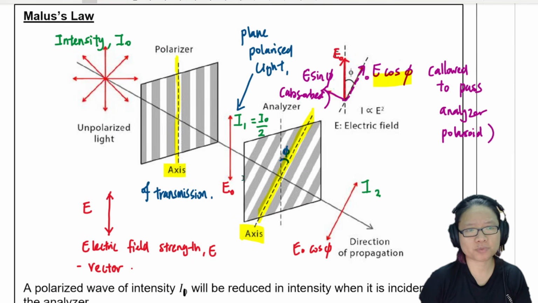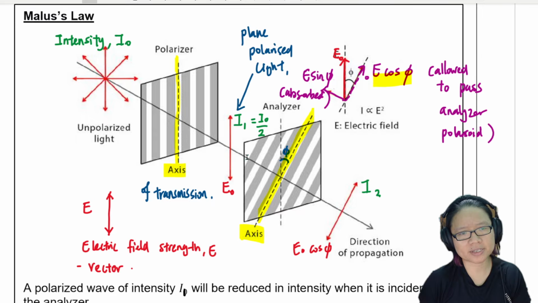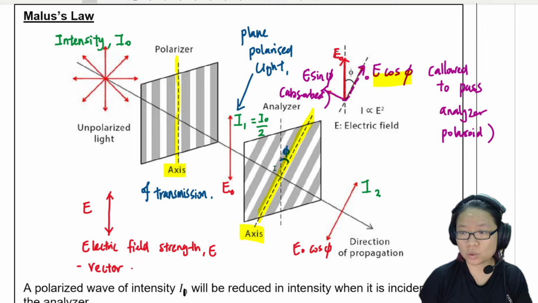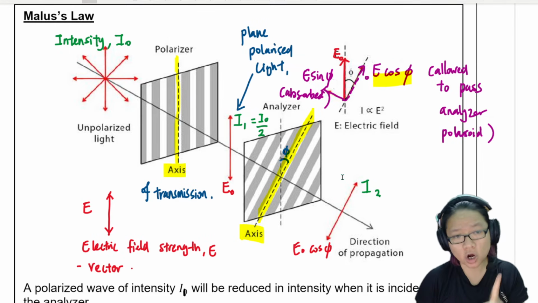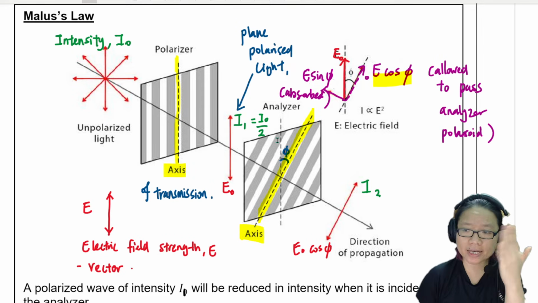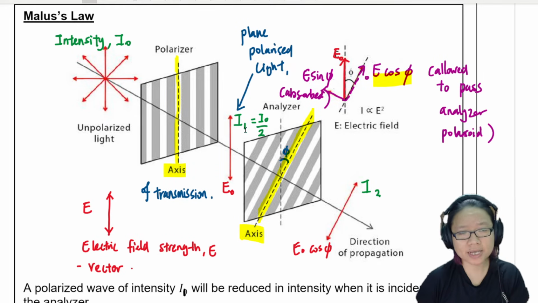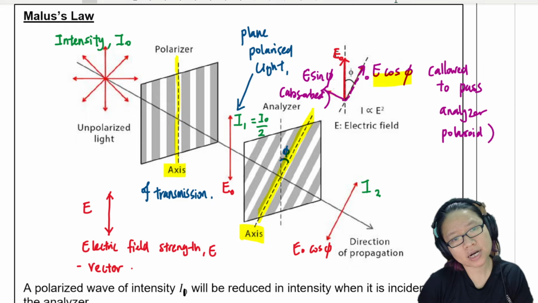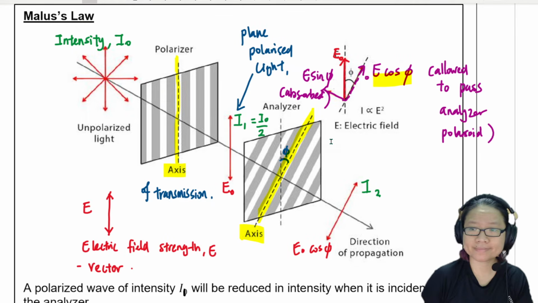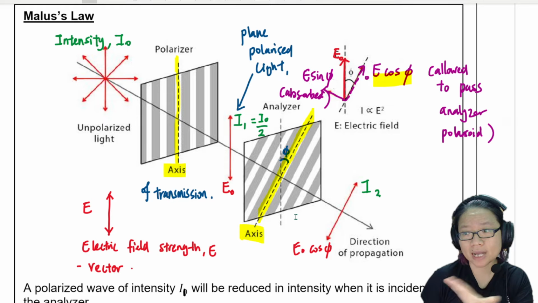In a nutshell, your intensity I that enters the analyzer is equal to I that exits the analyzer cos this angle, the angle of rotation. Understand that this angle is the angle between E and the axis of your analyzer. The part that is allowed to pass.